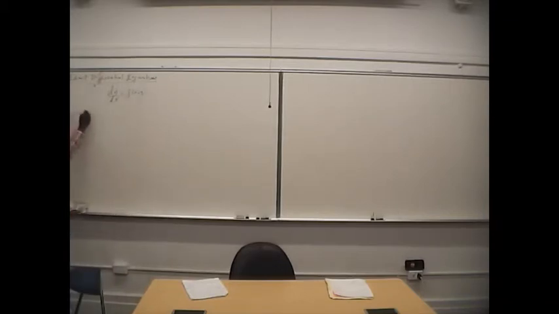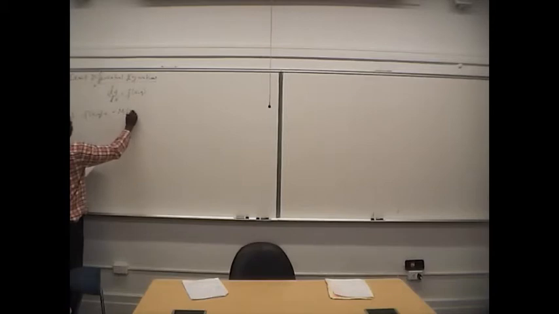Now, if my f of x, y is minus M of x, y over N of x, y, so it's a rational function or a ratio of two multivariable functions. They need not be rational functions. So that my differential equation is of this form.